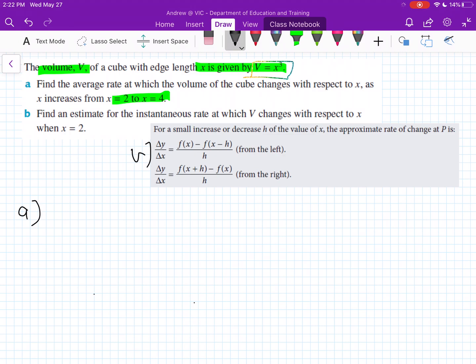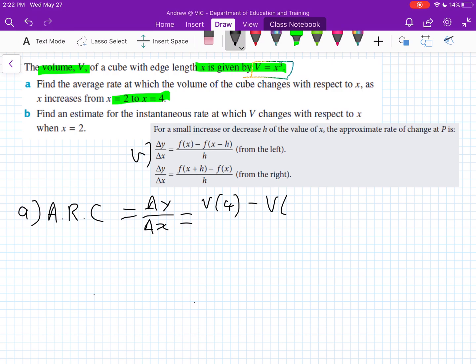So for part A, we can use our formula for average rate of change. So an approximation for that is equal to the change of y over the change of x. Okay, your gradient. So if we're using a formula for our gradient, we can use when V is equal to 4, because we're going from, it's like y2, or that's like our y2 value.